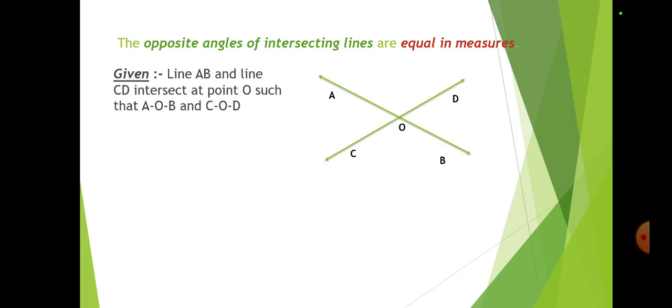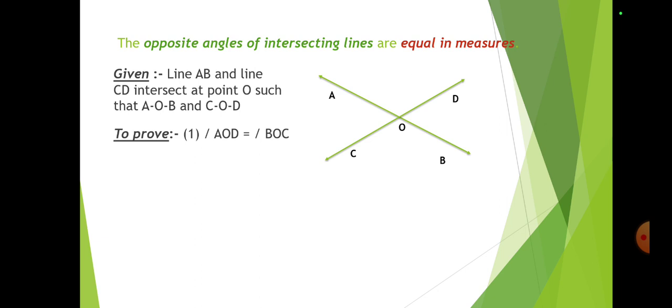Now according to this figure we wrote the given part, and that states line AB and line CD, as we drew it, intersect at point O such that A-O-B and C-O-D, that means these points are collinear. Now after this, from the red part, equal measures, and the figure, we are going to prove equal in measures.